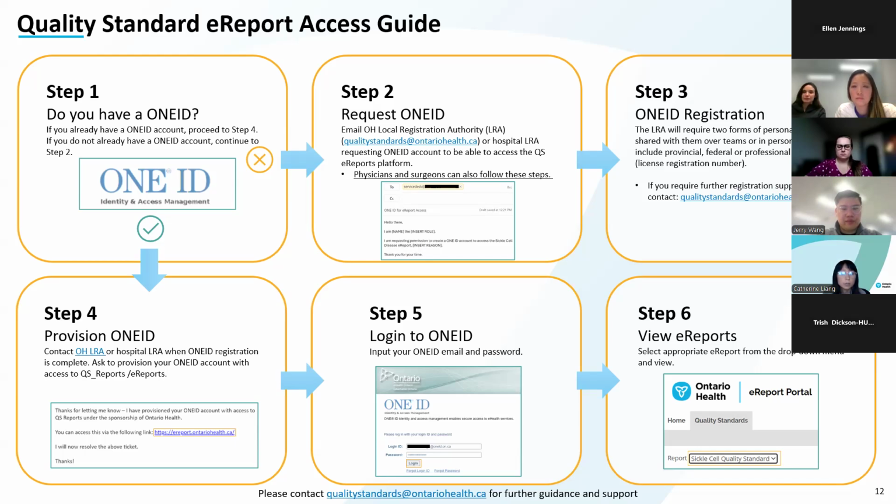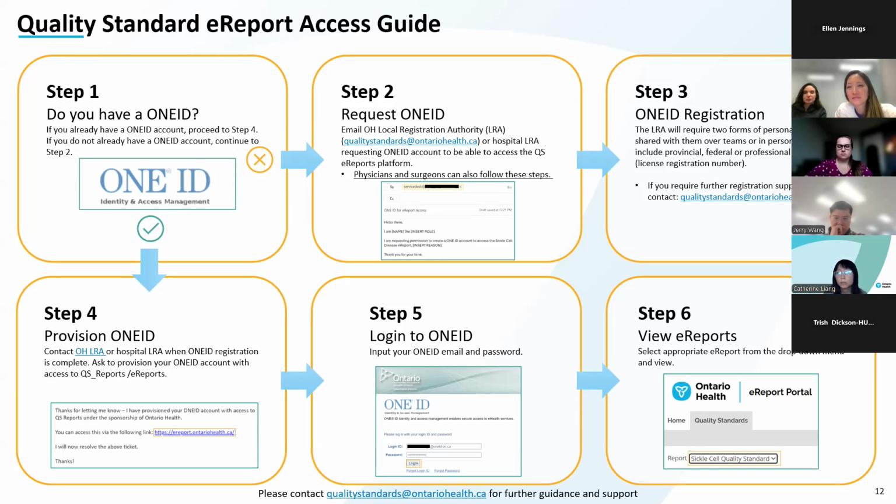And then you will be provisioned this OneID, and you will need to ask that your OneID account is associated with the QS eReports section of the eReports portal, because the eReports portal includes other reports that Ontario Health produces that are not tied to this. So you will need to specifically ask for access to quality standards reports.